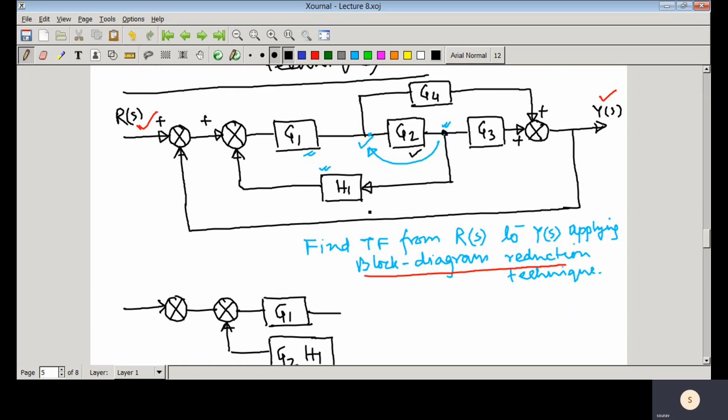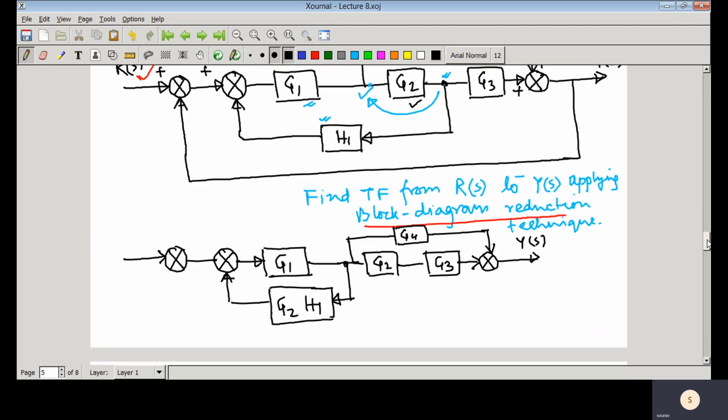Here you have G2, then G2 into H1, and the tapping point is now here. Then you have G2 as it is, then G3, and you have G4. You have another comparator. The rest of the part remains the same.